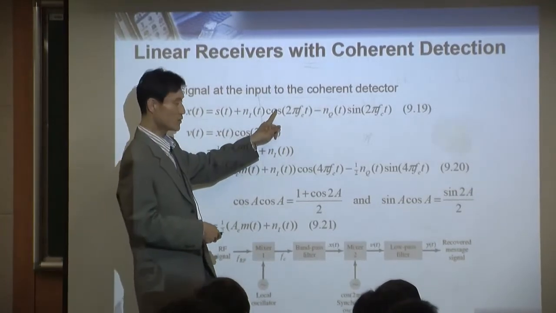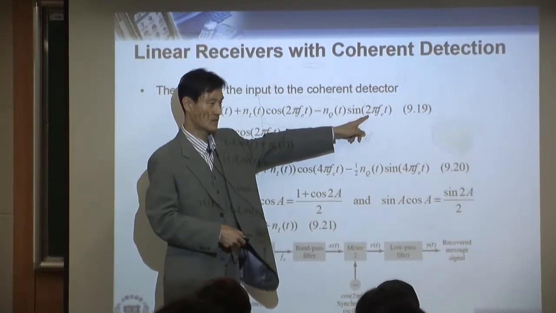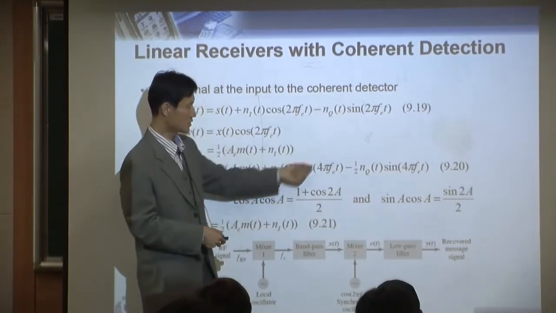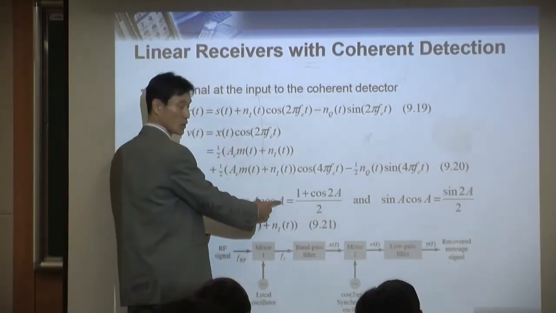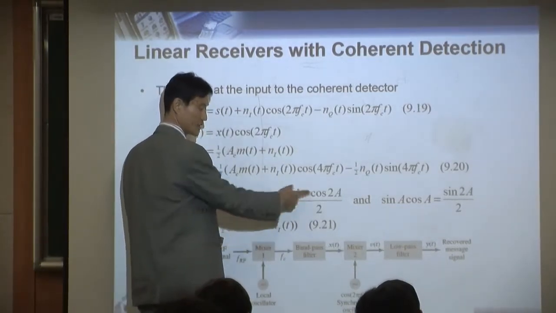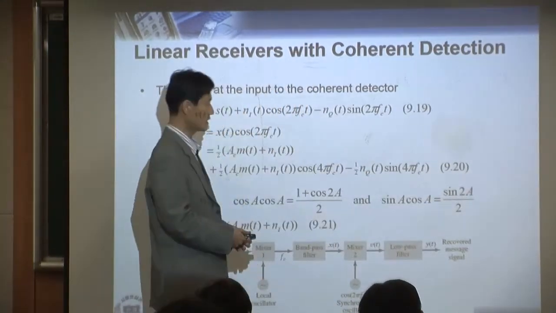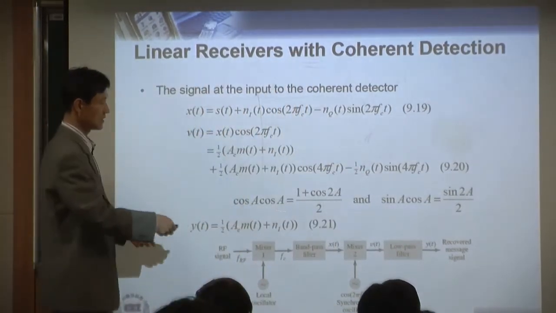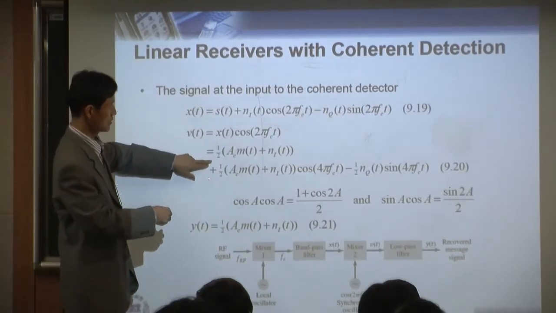And here is again cosine squared, but this one is sine times cosine, right? Using this identity, cosine squared will be changed to this, and sine times cosine will be changed to this. We know that. So using these two identities, we can change this into this form.